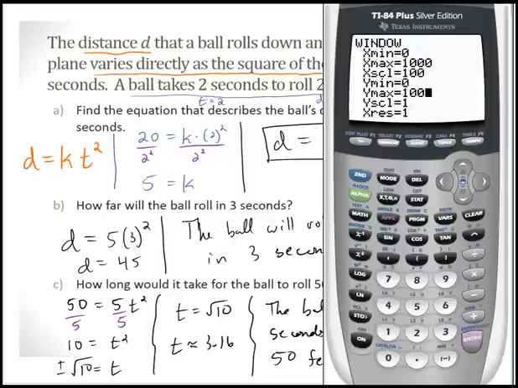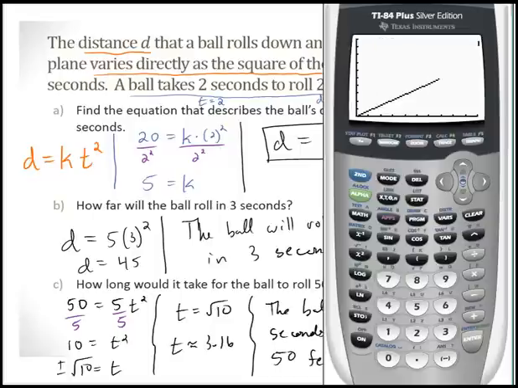And I'll use a scale of tens here. And if we graph that, notice that we do get a line that is rising. It's increasing from left to right. Okay. And in general, a direct variation increases from left to right.